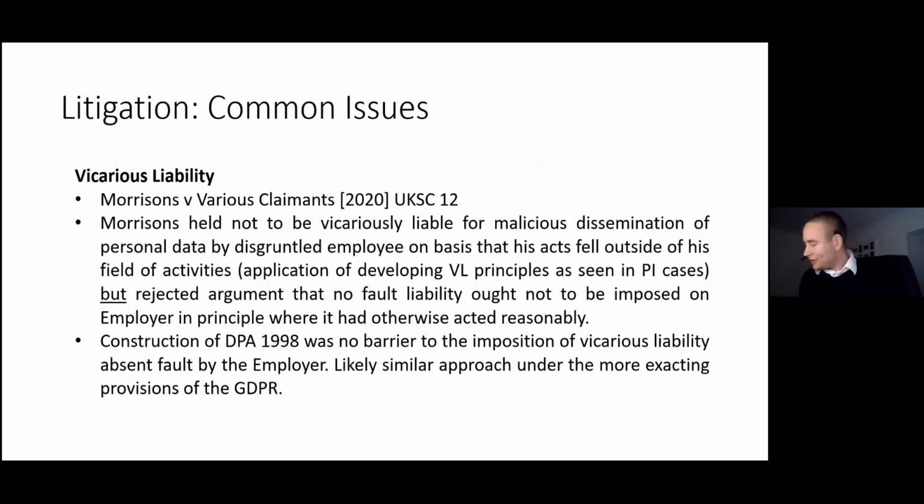Look, I'm going to finish off in the last 4 minutes or so. Common issues in litigation. I think my last slide's a more interesting one than this one, but Morrison's and the various claimants case went to the Supreme Court in 2020.